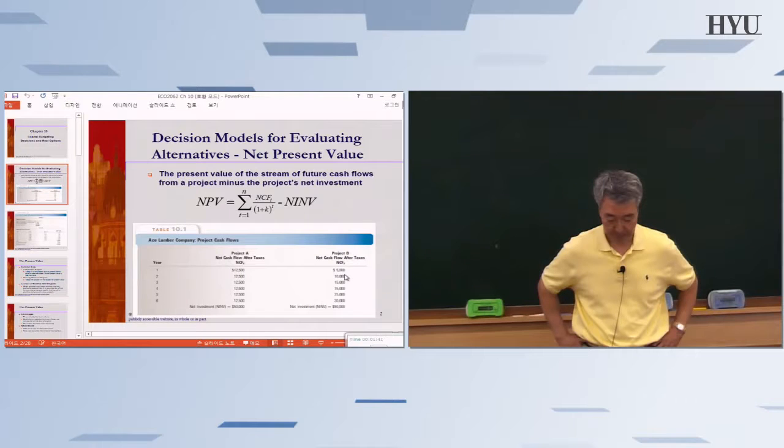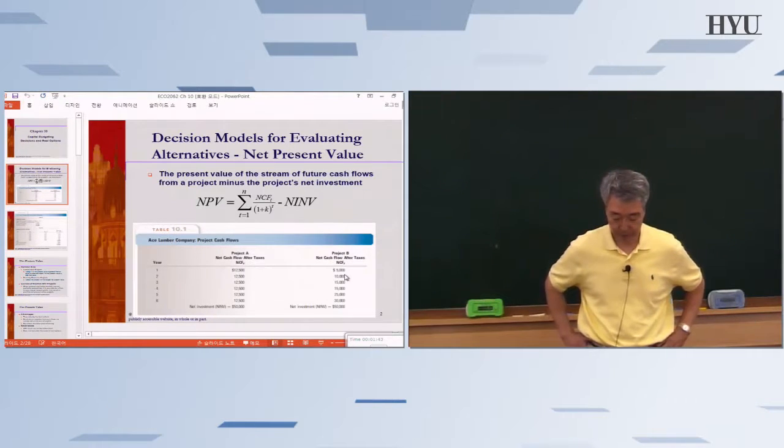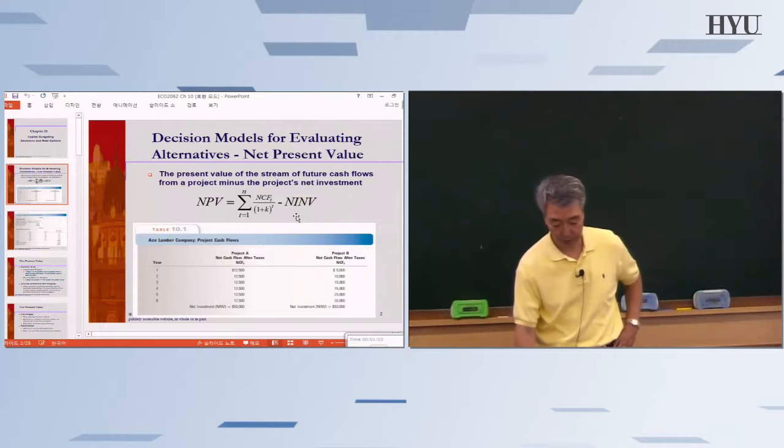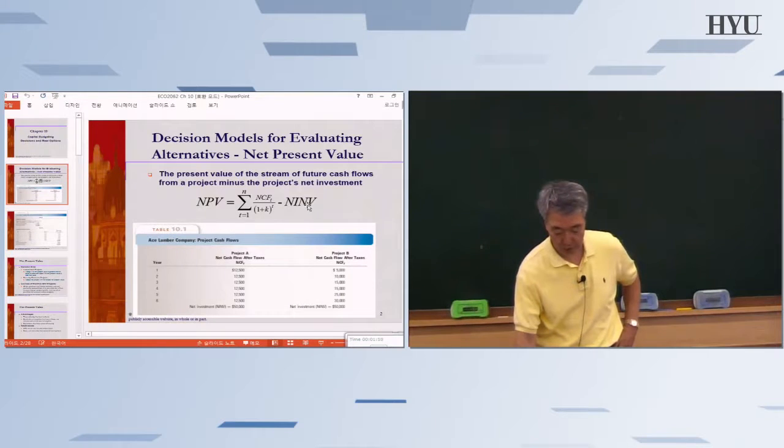So net present value is, as you see here, the present value of the stream of future cash flows minus net investment. Net investment is the initial investment, the amount of money you need to invest in the beginning.